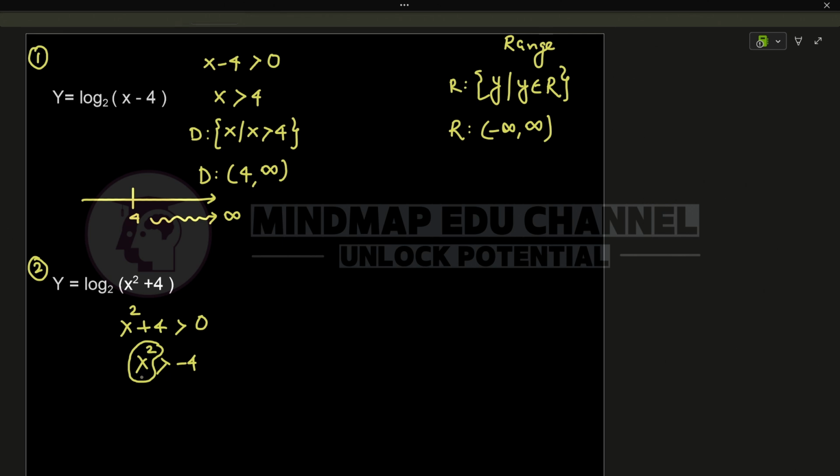Whether you take negative values or positive values, the square will always give a positive value. Therefore, the domain of such a function will be the set of x values such that x is the set of real numbers. And in interval notation, the domain will be from minus infinity to plus infinity.